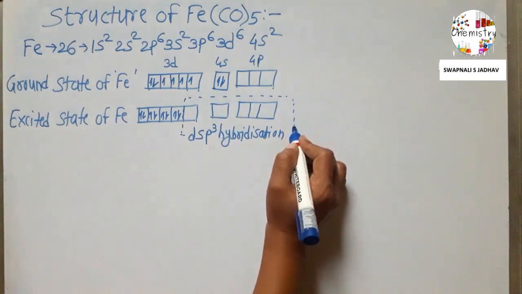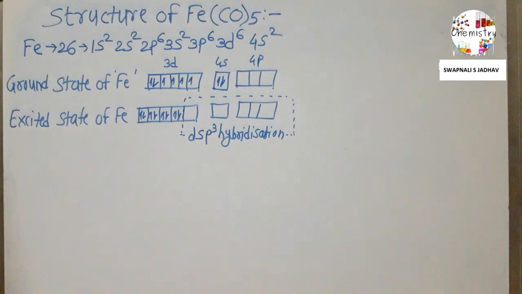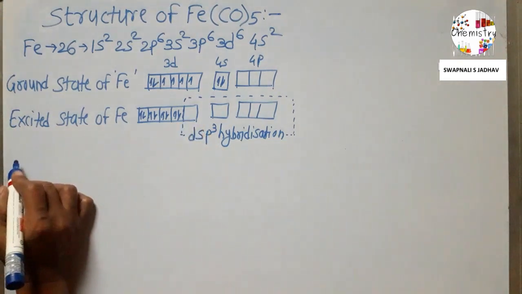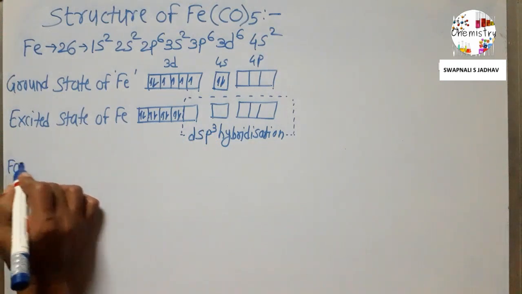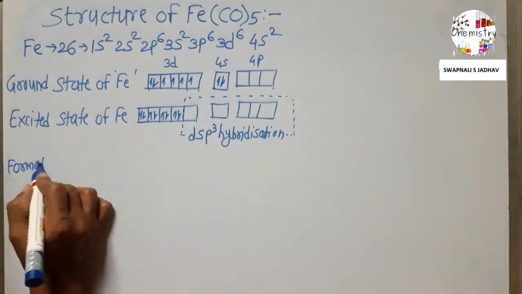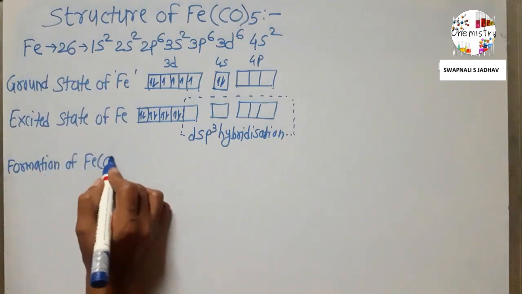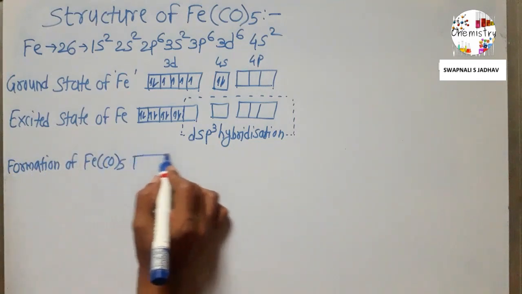The molecule undergoes dsp3 hybridization, then the structure is which one? TBP, meaning trigonal bipyramidal. So these 5 hybrid orbitals form the molecule, that is Fe(CO)5.